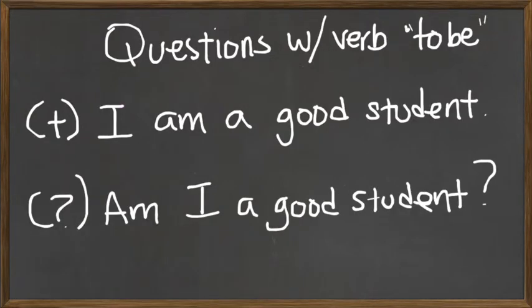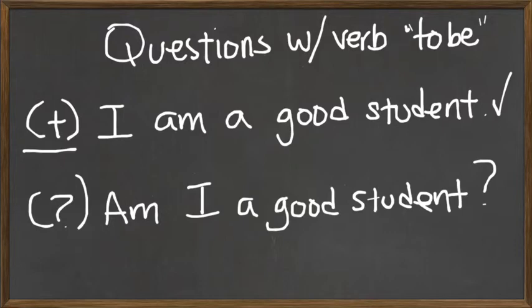Okay, now let's continue with the third item of today. We are talking about questions with the verb to be. In the affirmative form, we say, I am a good student.